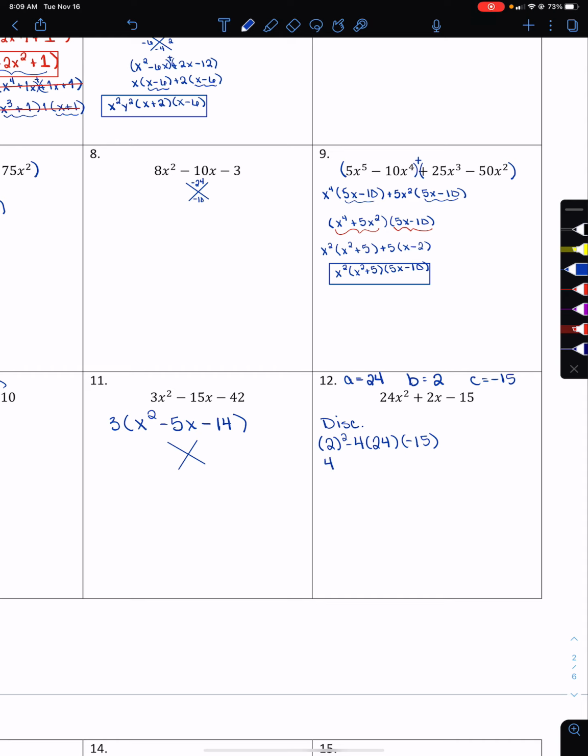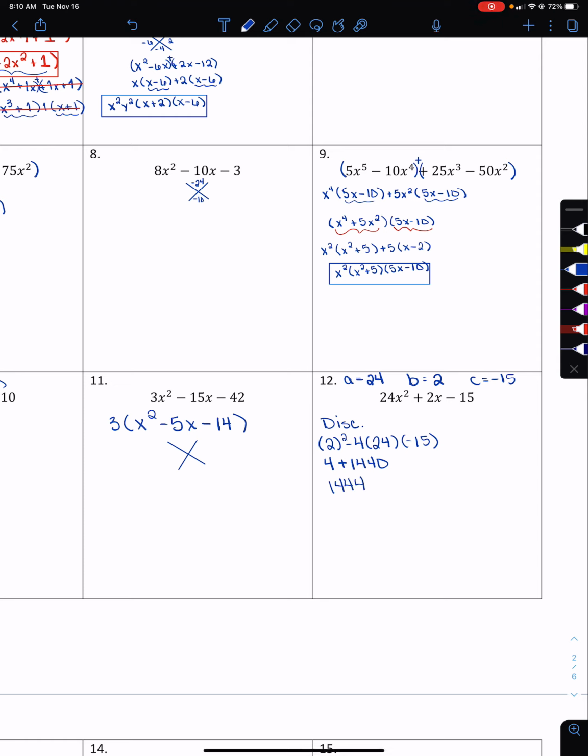Okay, so we've got a negative times a positive. 4 times 24 is 96. And then we've got to also multiply it by negative 15. Okay, so that gives me positive 1,440.